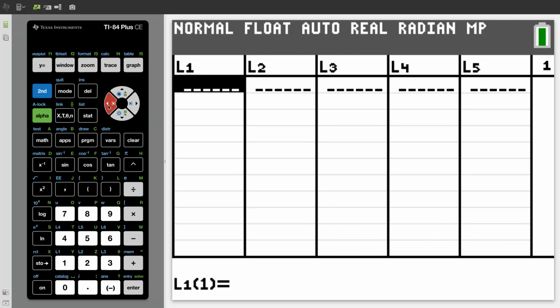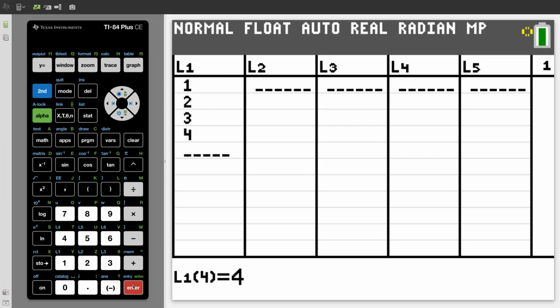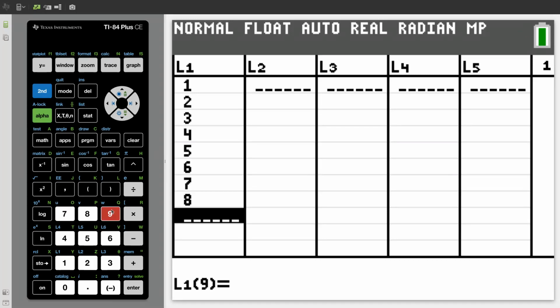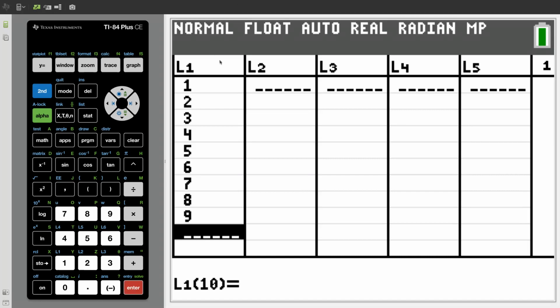So I'm going to put the position, 1, 2, 3, 4, 5, 6, 7, 8, 9, to compare to the distance from the sun.